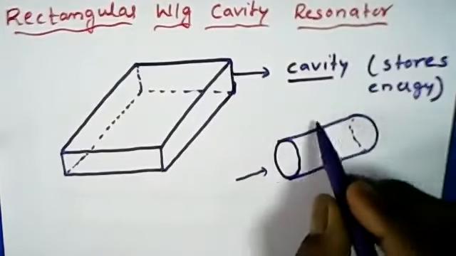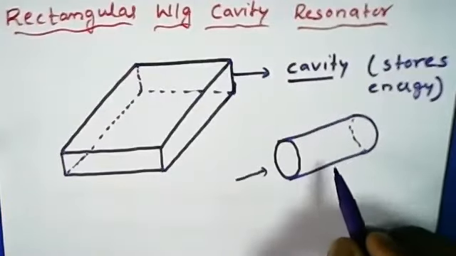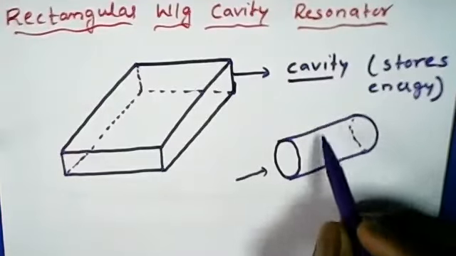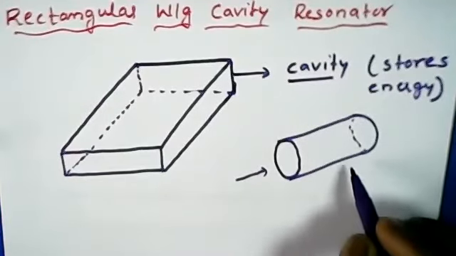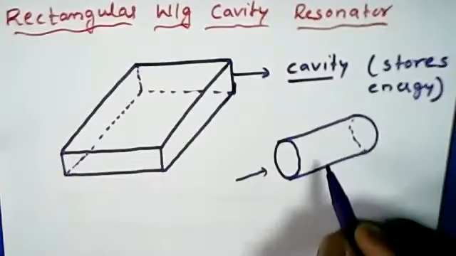So that energy is confined within this structure. This is termed a cavity resonator. And it is in the circular form, so it is called a circular waveguide cavity resonator.